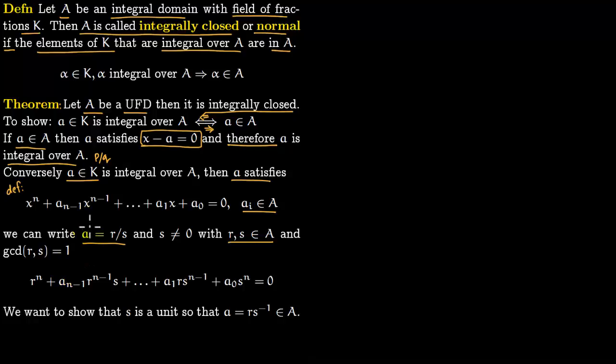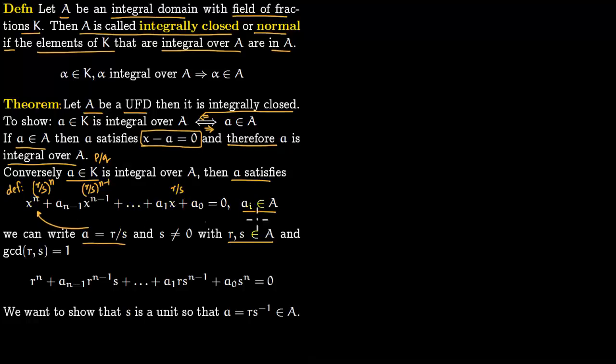Now we plug a into this equation. Instead of a, we plug in r by s, and then multiply throughout by s to the n. The first term you get is r to the n over s to the n, then a_{n-1} times r by s to the n minus 1, and so on. Instead of x we have r by s.